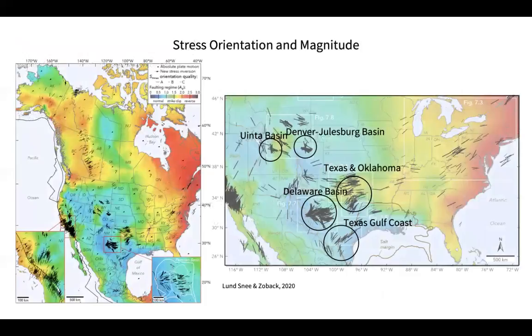Now, knowing the stress orientation and magnitude is very important because it's the basis for assessing the fault slip potential. And here on the left, you can see the updated stress map of North America that was published by Lund Snee and Zoback. And the black lines represent the stress orientation.